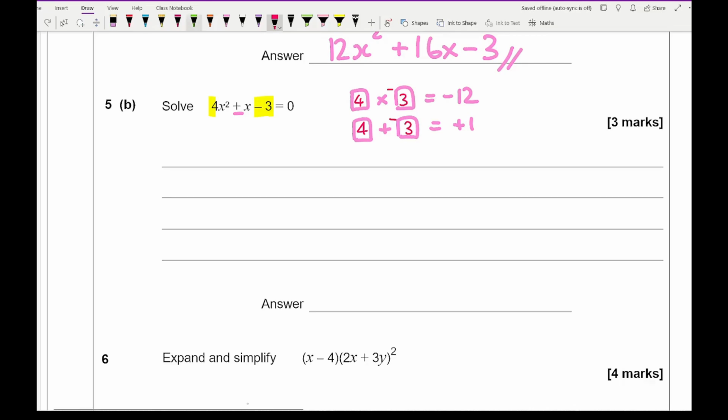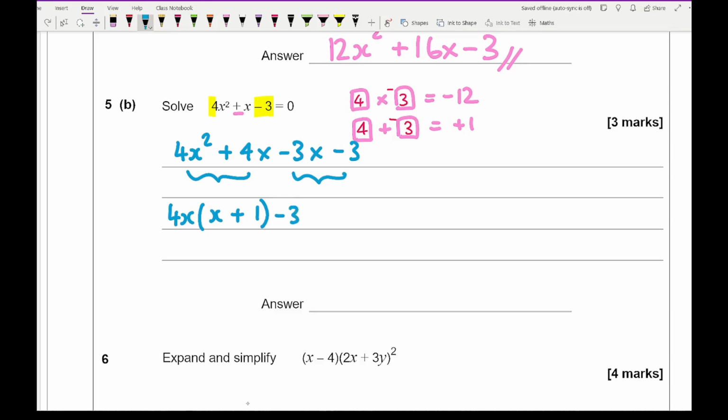So then substituting that all in, I get 4x squared plus 4x minus 3x minus 3. Then it's just a case of factorising the pairs. So I'll take 4x out, which ends up with x plus 1. And then taking the 3 out, I get x plus 1 again.